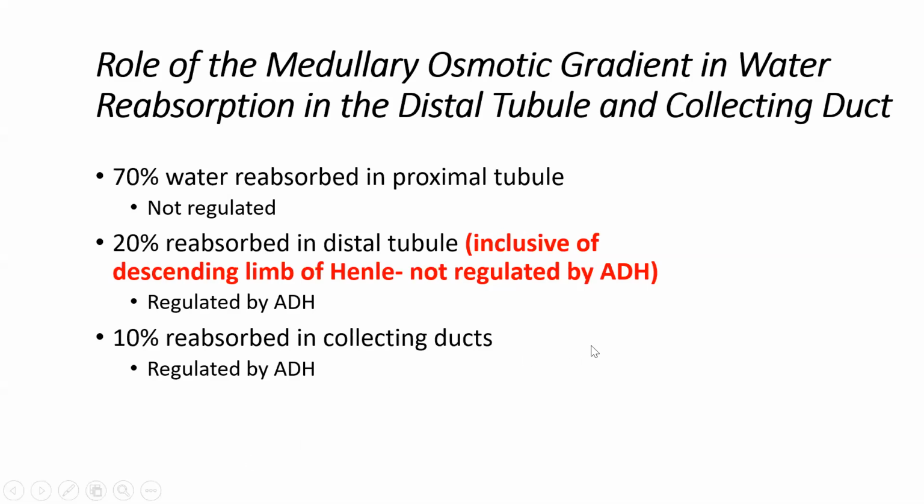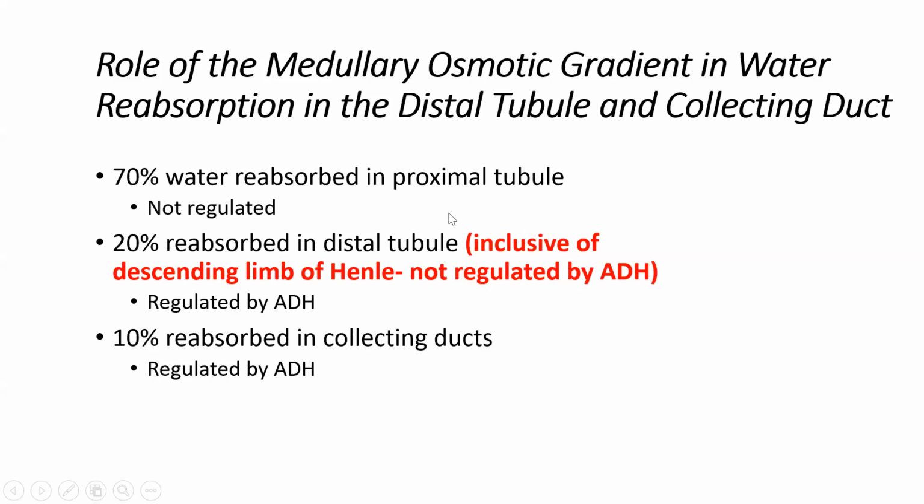Now, in the distal parts of the tubule, I want you to make this note here just so that you're not confused. Your textbook lumps all of this 20%, which includes what happens in the descending limb of the loop of Henle. But I want you to make a distinction that the water reabsorption that happens in the descending limb of the loop of Henle is not regulated by ADH, okay?